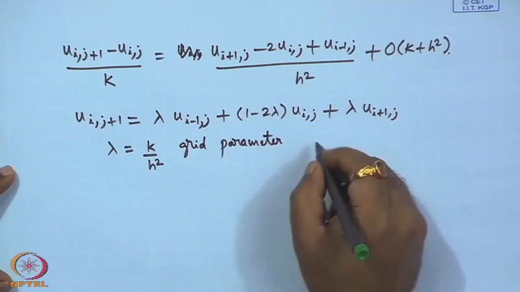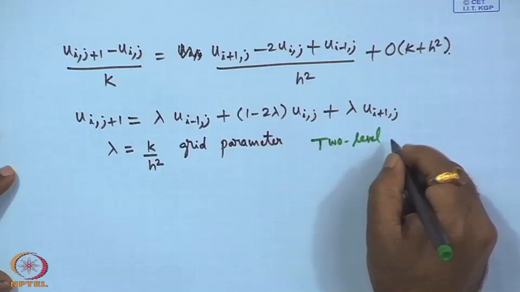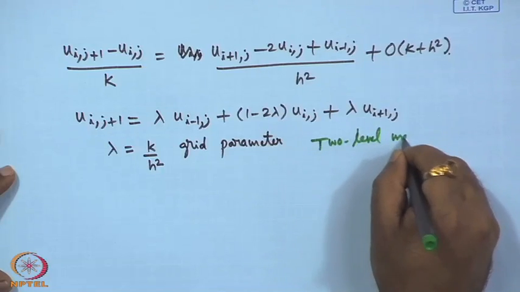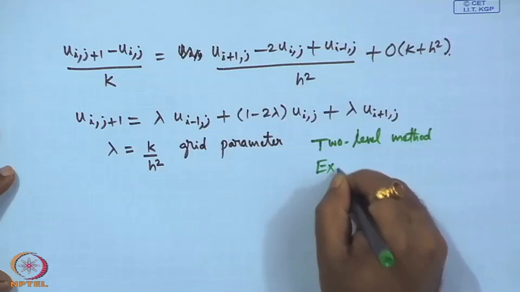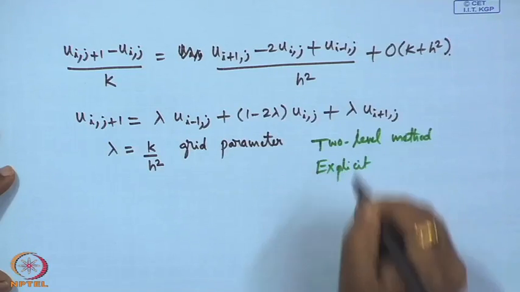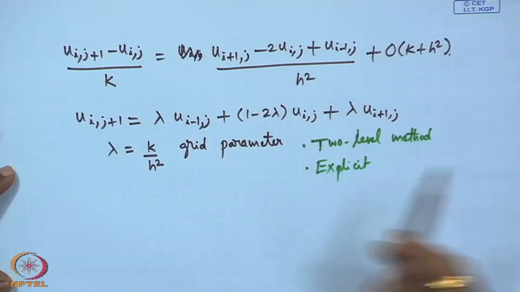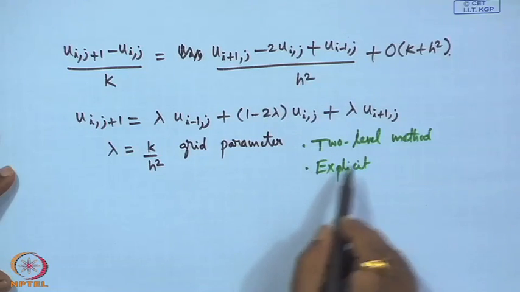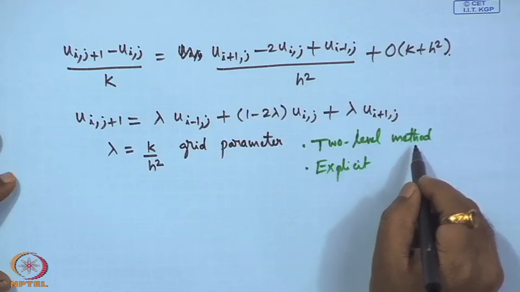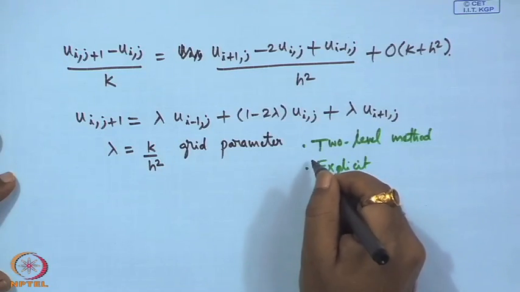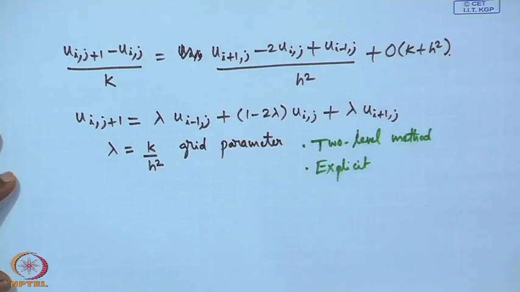So, what is the remark? This is a 2 level method and this is explicit in nature because of this reason. Okay. 2 level means 2 time levels are involved. But in general in literature this is an important remark.